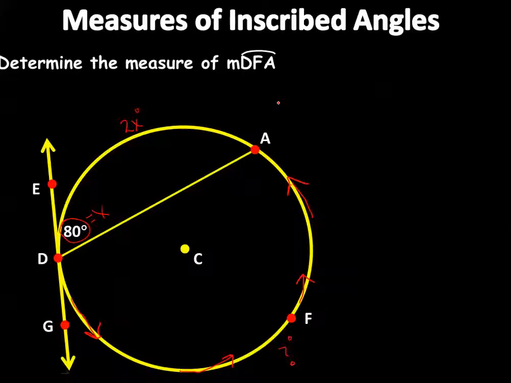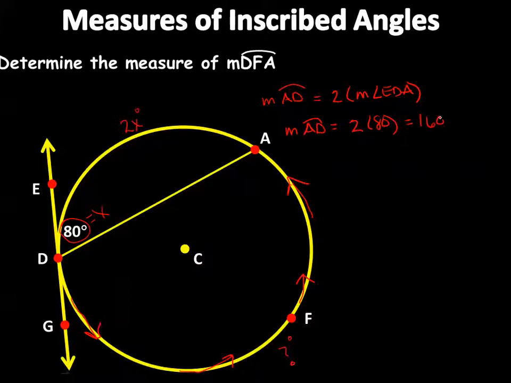So I've got to figure out the measure of arc AD. The measure of arc AD equals 2 times the measure of angle EDA. So the measure of arc AD equals 2 times 80, which gives me 160.